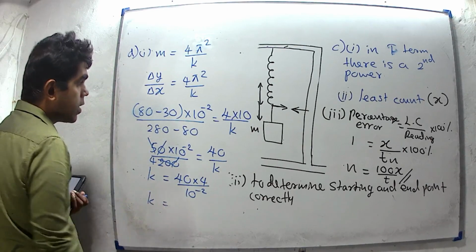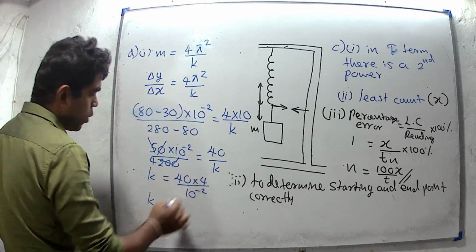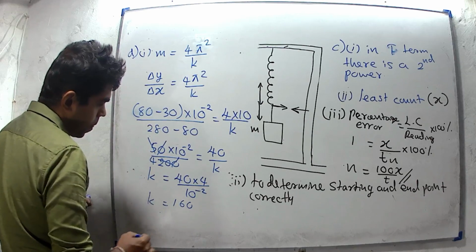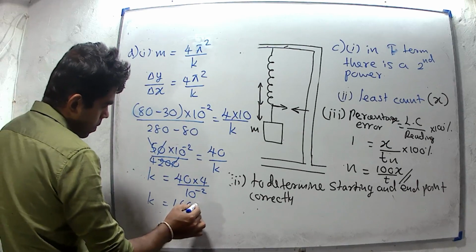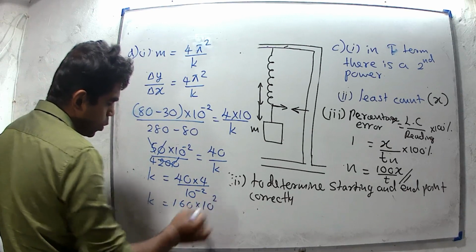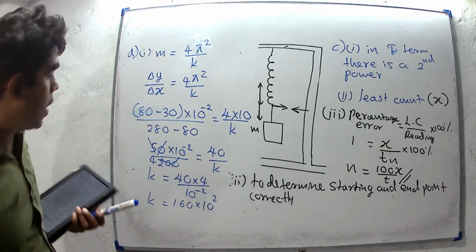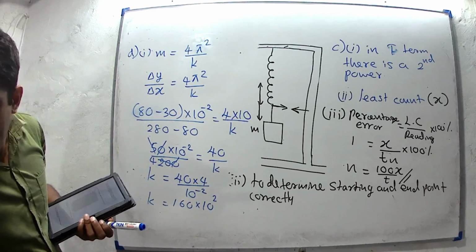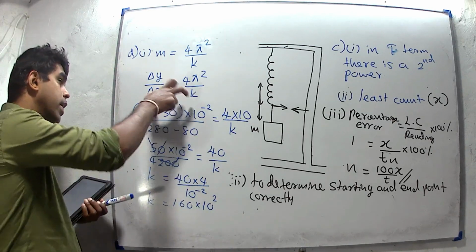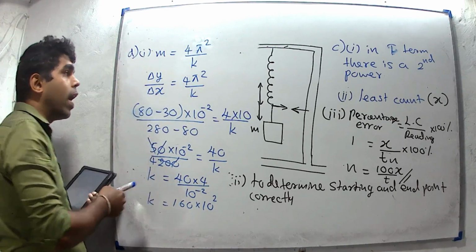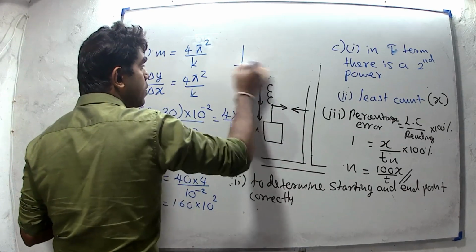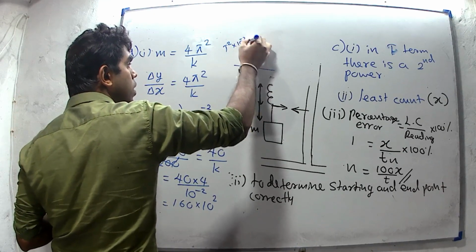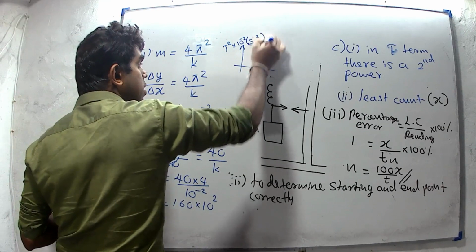K equals 40 into 4, 160 multiplied by 10 to the power 2. But we have to get the SI unit. In the y-axis, they have given T squared multiplied by 10 to the power minus 2 seconds squared.